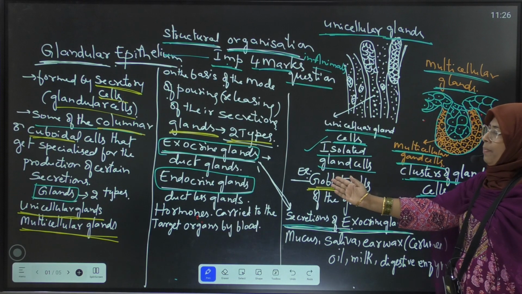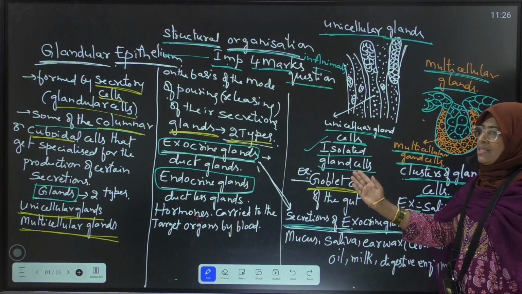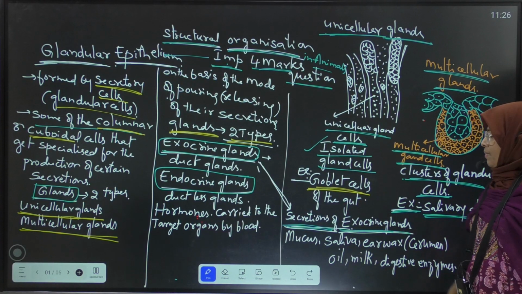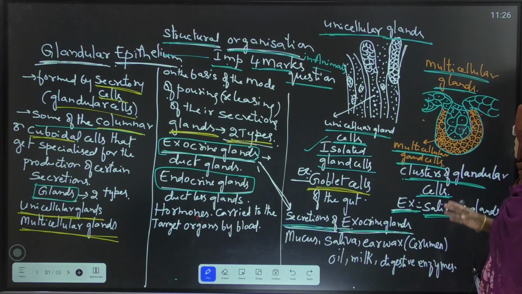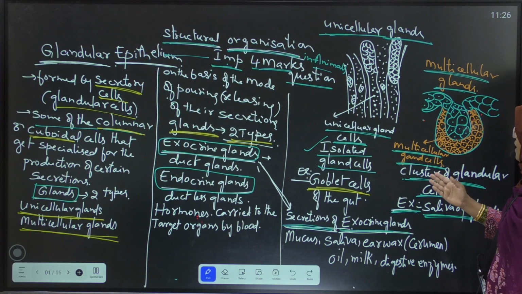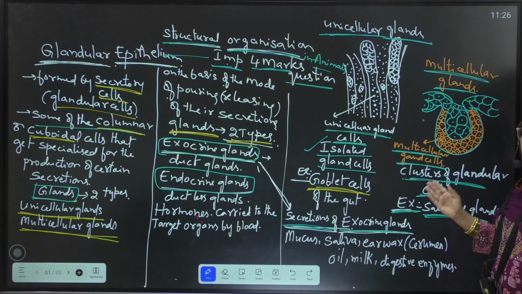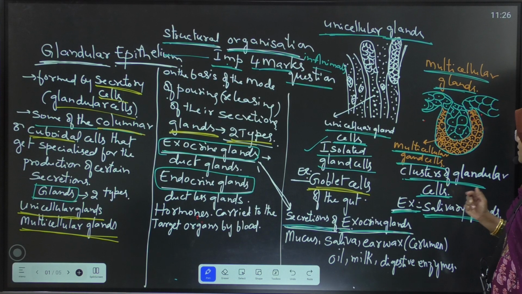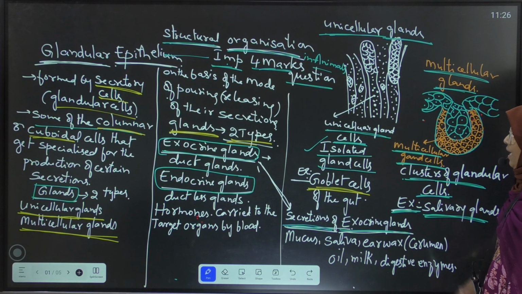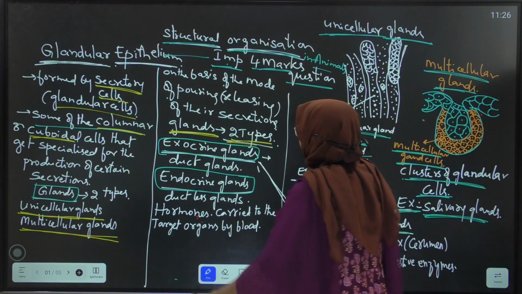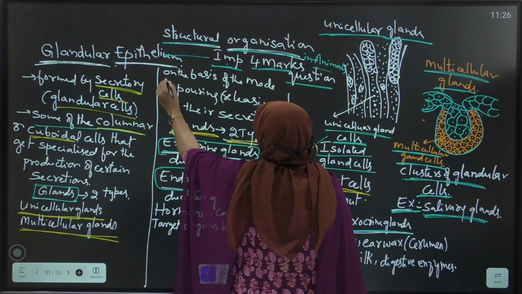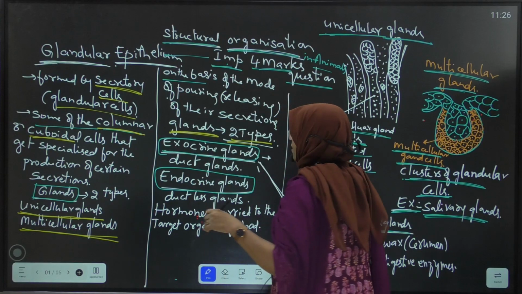The unicellular gland example is goblet cells, mucus secreting cells of the gut, especially in the small intestine. Multicellular glands are made up of clusters of glandular cells, for example salivary glands.